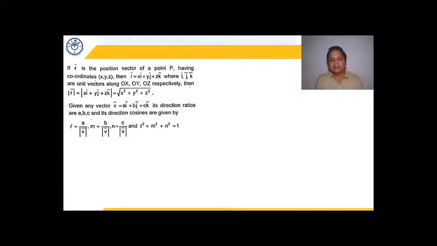Now any vector, let's say v is equal to ai plus bj plus ck, where ijk are unit vectors along OX, OY and OZ respectively.